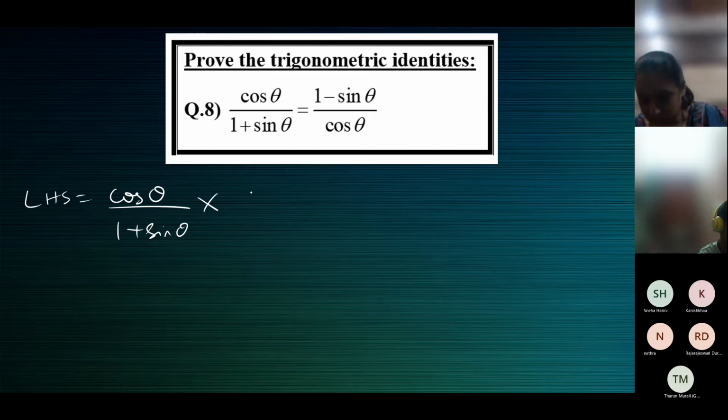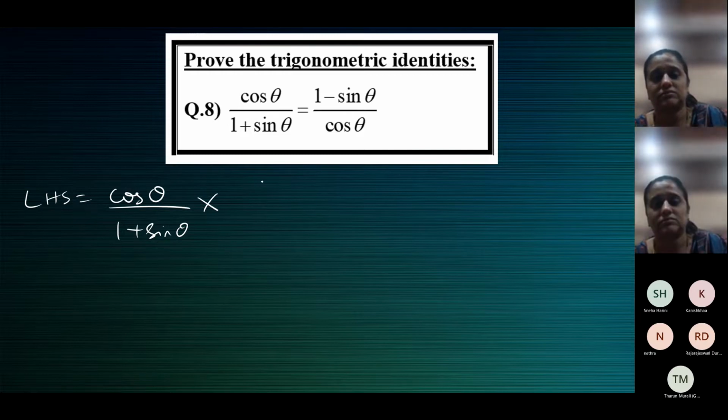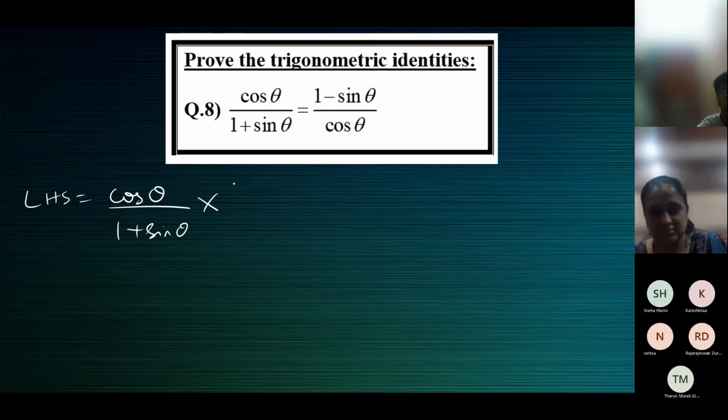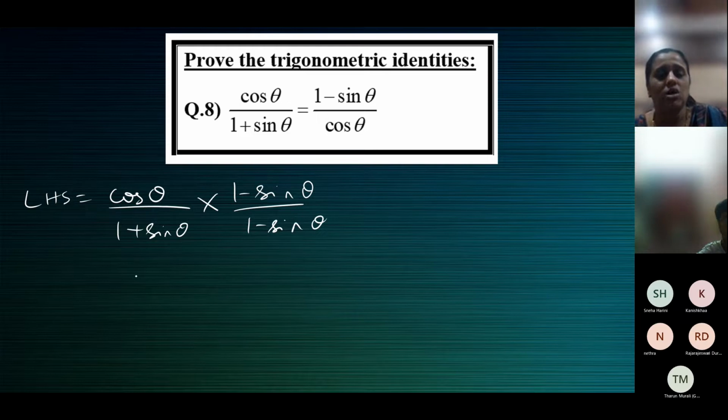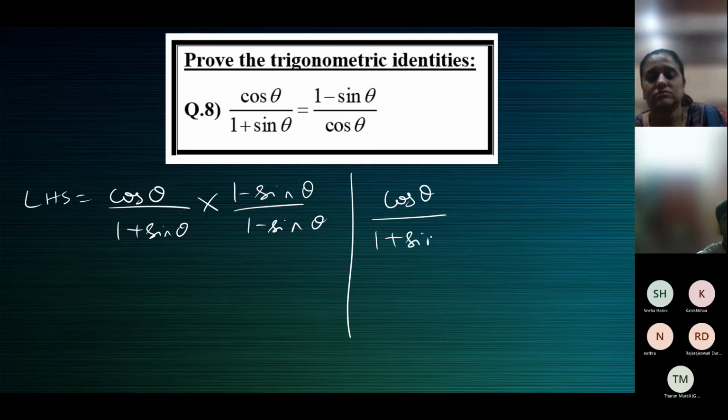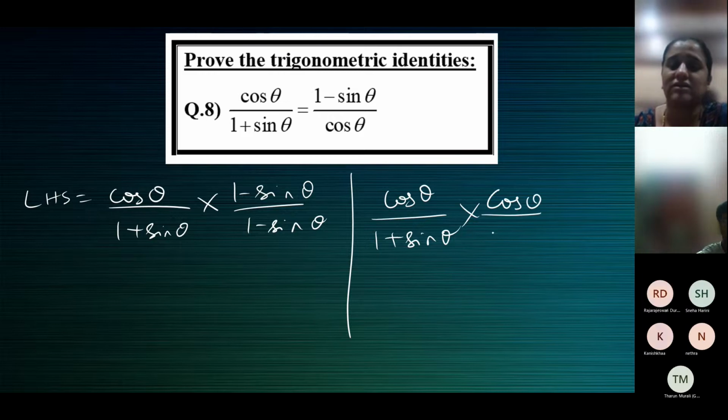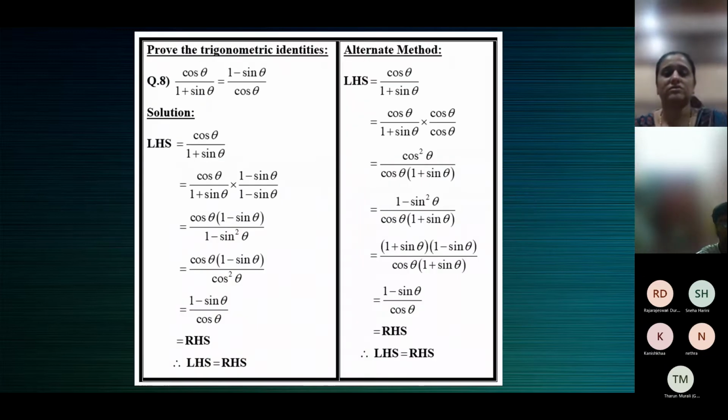You will multiply by what? 1 minus sine theta by 1 minus sine theta, or you will multiply both the numerator and denominator by cos theta. Yes. Take down the answer. It's here.